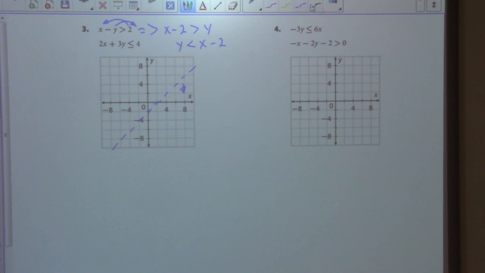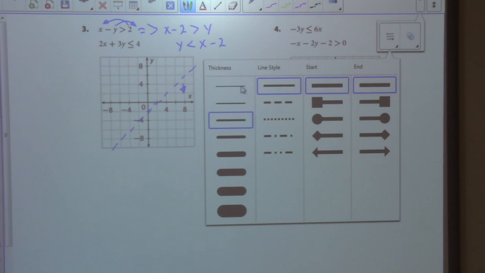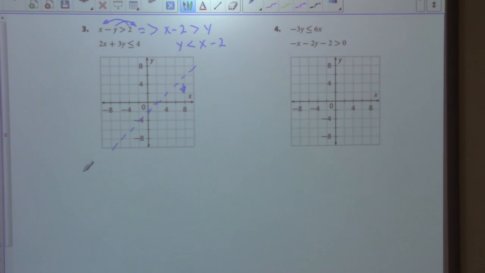Okay, next one here is this one right here. I'm going to bring it down here just to leave room for it. I have 2x plus 3y is equal to and less than 4. So subtract 2x.